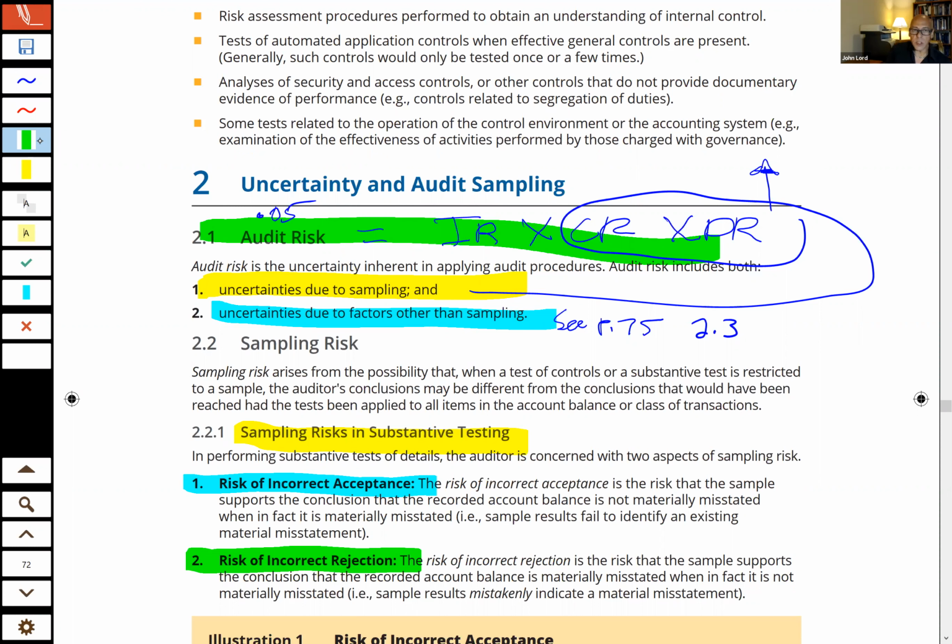Risk of incorrect rejection is the risk that the auditor will say, hey, there's a material misstatement in the financial statements, and maybe start asking for adjustments based on the sample, when if the auditor had looked at all of the transactions, they would have found that there was not a material misstatement. So risk of incorrect acceptance and risk of incorrect rejection relate to our substantive testing, okay?